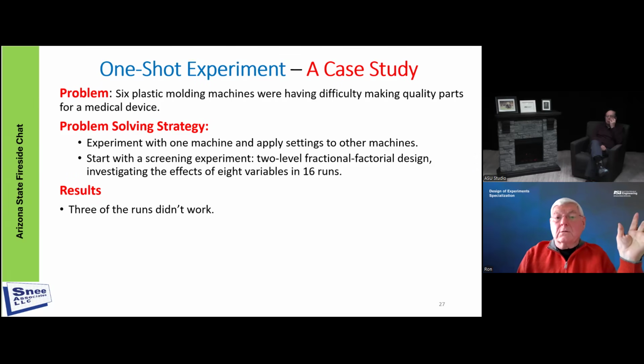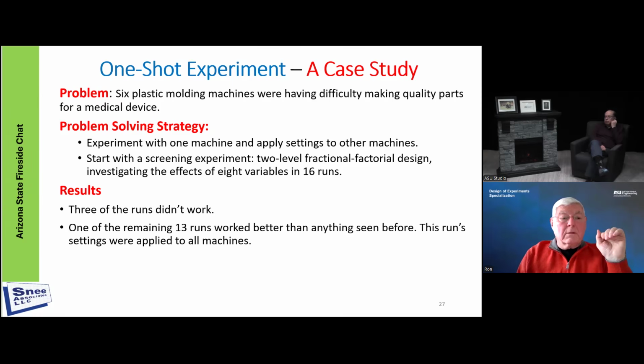Oh my goodness, that was really frightening, because with these screening experiments you want every point to have all the data so that you can get good results. But not to worry, one of the 13 remaining runs worked better than anything they had seen before.